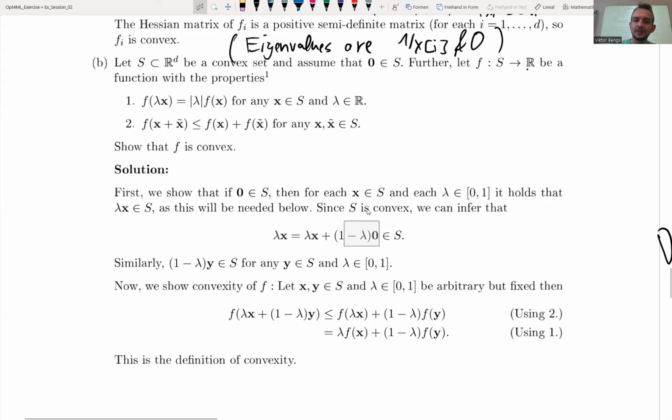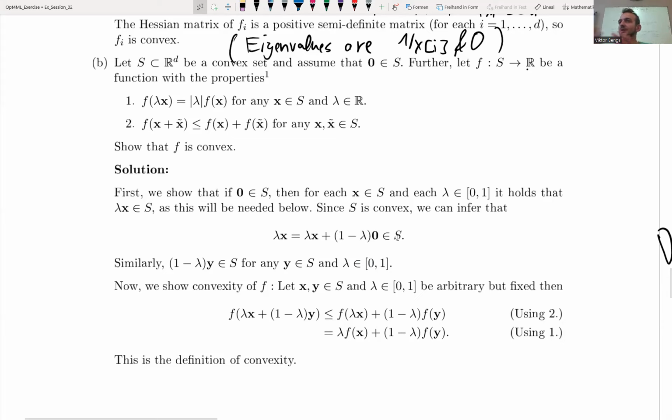So this here is a zero, and this is a convex combination of something which is inside S with something which is again inside S, namely the zero.